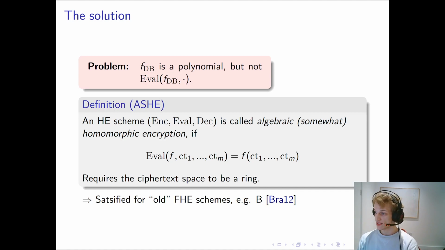This notion is more natural than one might think at first, and in fact it's what the first FHE or HE schemes that were constructed had. So in particular, the very old schemes from when it was invented by Gentry, like Gentry's original scheme, or in this case the BV scheme by Brakerski, they all have this algebraic property.